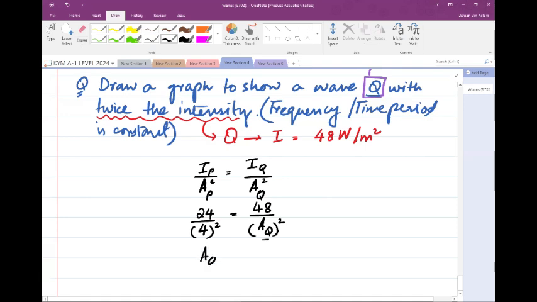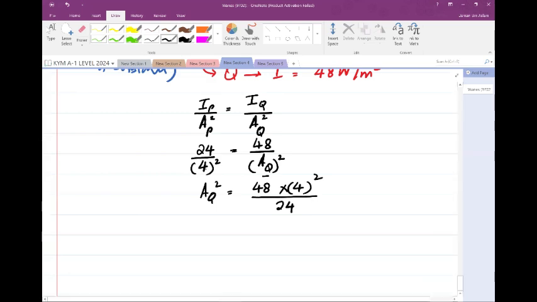So I take the AQ square onto the other side and take everything else from the left hand side to the right hand side. The 4 was in the denominator on the left hand side, so when I bring it to the numerator on the right hand side, it gets multiplied. The 24 was in the numerator on the left hand side, so when I bring it onto the other side, it gets divided and becomes a part of the denominator.